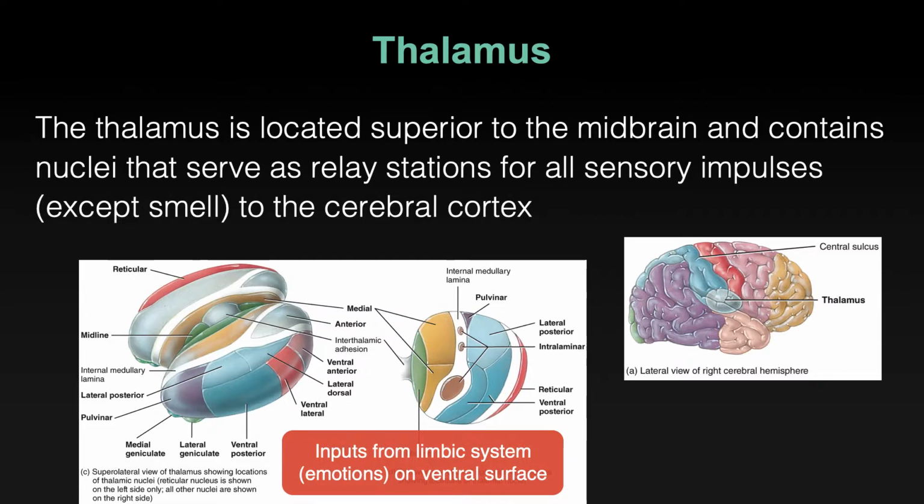We won't go into detail on this. I had a few slides later on, but in the interest of time, I'm not going to go into those in detail. I just want you to know that there are connections between the system in the brain that specifically deals with emotions and sensory information: sight, touch, taste, hearing. Smell is different, that comes out later. So the limbic system, or the emotional brain, makes connections on the ventral surface of the thalamus.